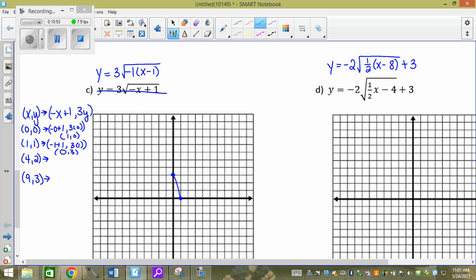There's a reflection in the what? In the y-axis. Okay, then I get negative 4 plus 1, comma 3 times 2, which is negative 3, 6. And then we'd get negative 9 plus 1, comma 3 times 3. So now I have negative 8 and 9.